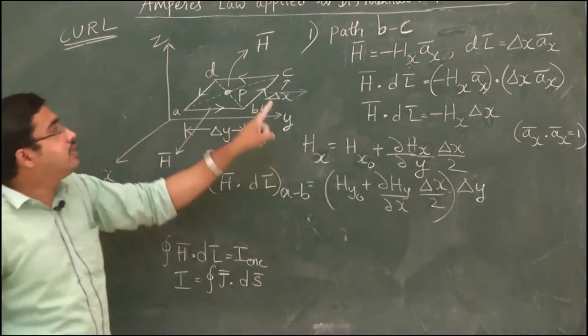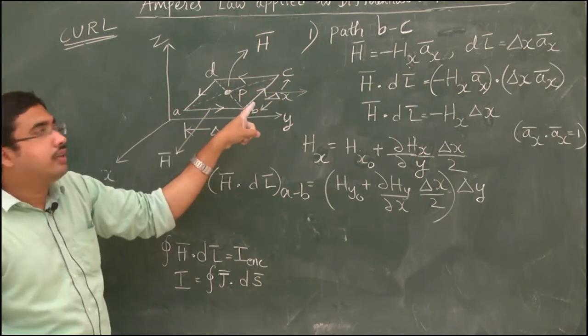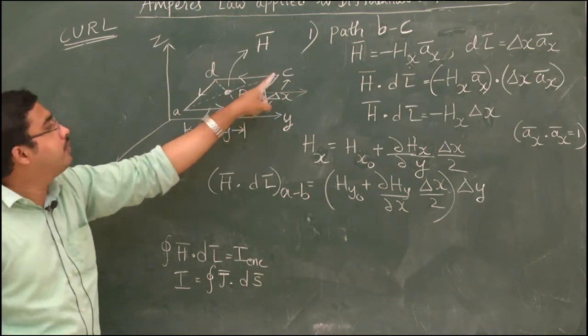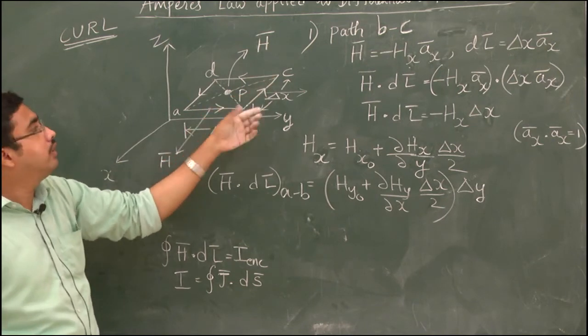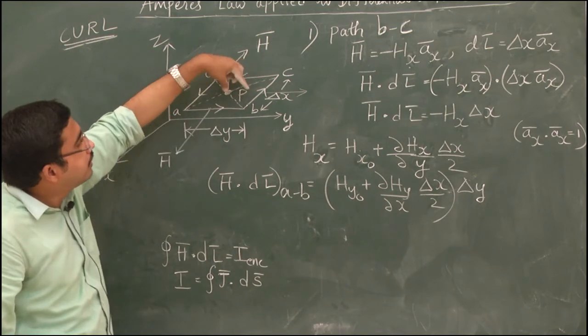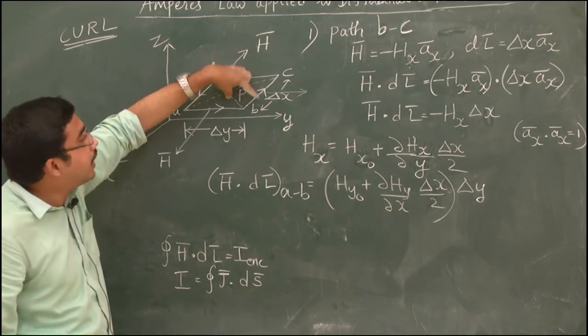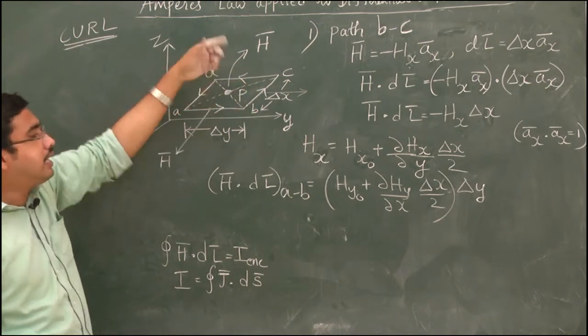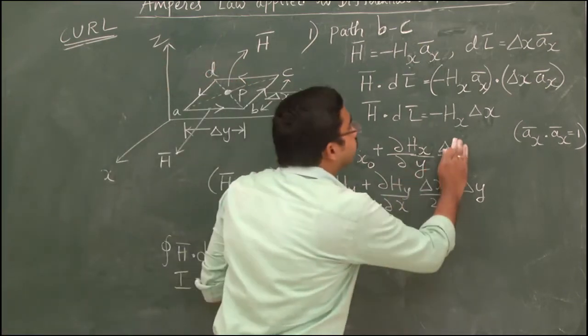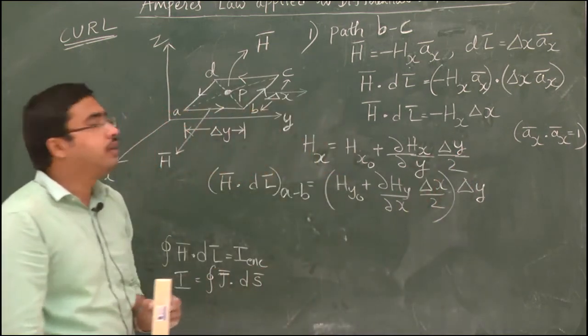And what is the distance of this point P from this side BC? The distance of this point P from this side BC is equal to delta y by 2, because the distance from point P to this side is in the y axis direction. That means delta y by 2.